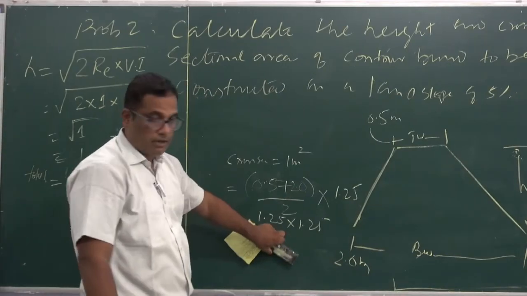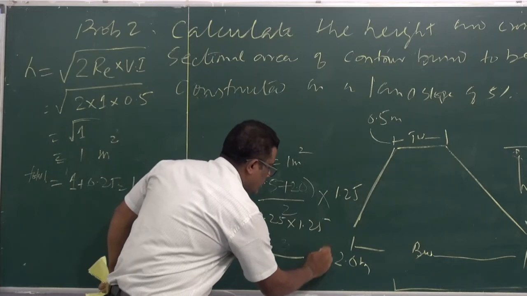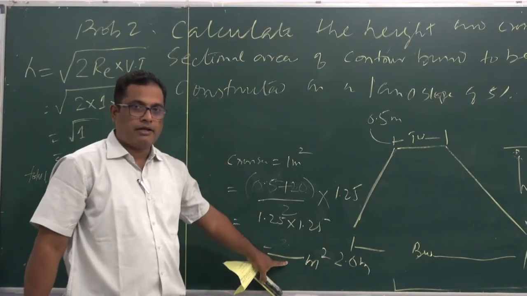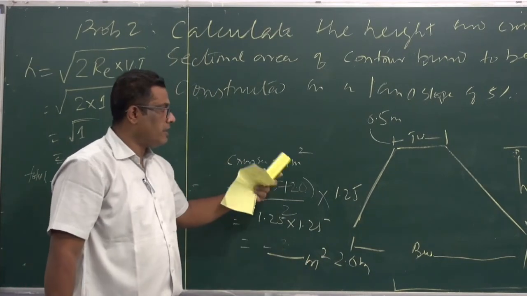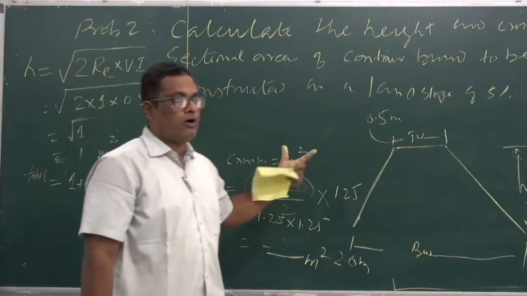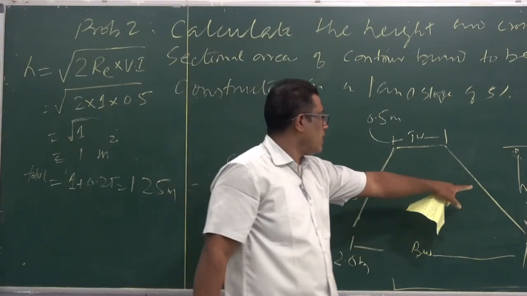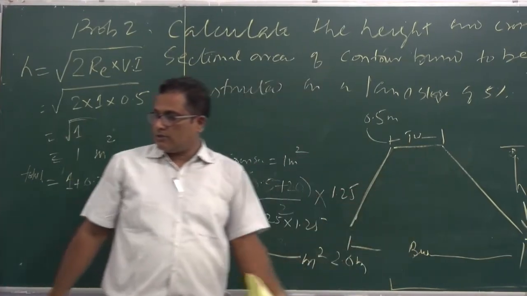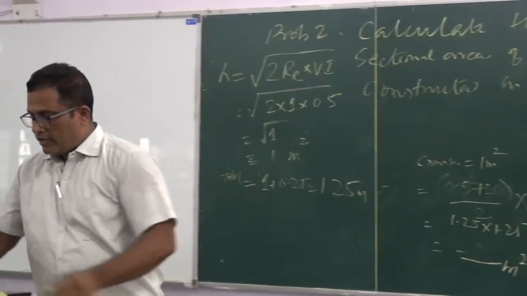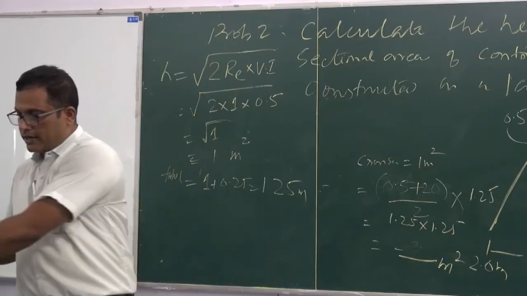Don't know whatever it is coming. So this will be the cross-sectional area of this. So this way we can find the cross-sectional area. In places where the side slope is given, such as 1 V to 2 H, we can also find out the bottom width based on height and top width. So this way we can design and solve problems regarding contour graded bunds.